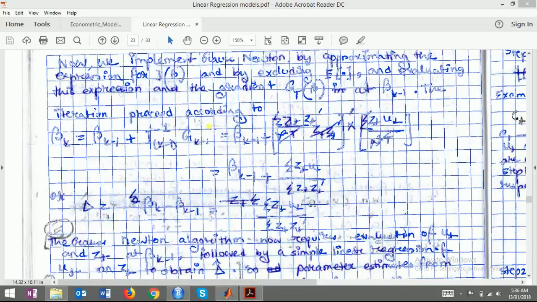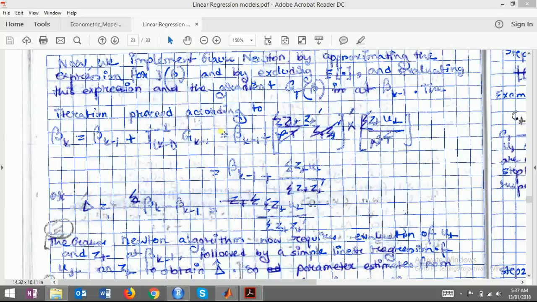The iteration proceeds so that the current estimation of beta equals the previous estimation plus the inverse of the information matrix at the previous estimation multiplied by the gradient. It was negative when it was Hessian, it is positive when it is information matrix, gradient divided by the information matrix.